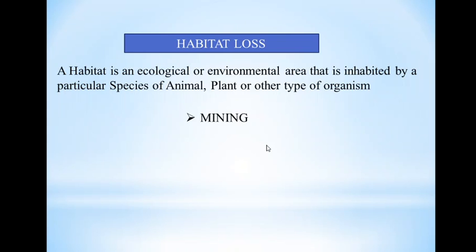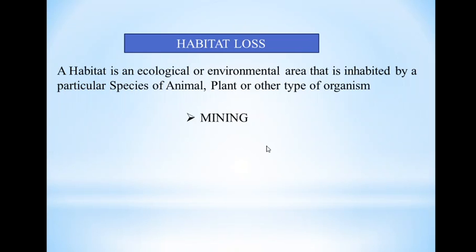And Anandpur in Andhra Pradesh, Jharkhand, Chhattisgarh, where iron mining and coal mining took place, where thousands of hectares of forest were lost to mining activities. And Amazon is one example.